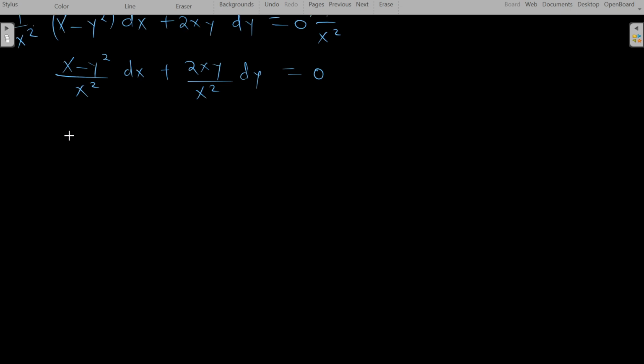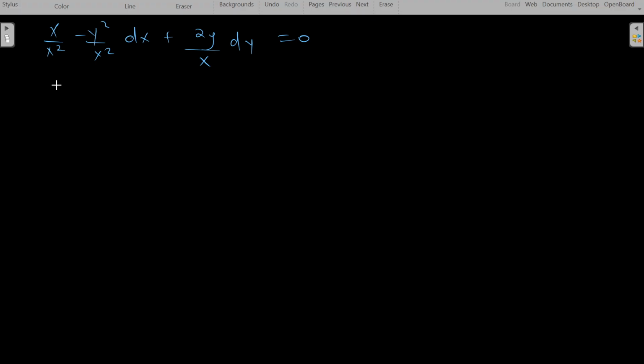Now let's separate these. It's x divided by x squared minus y squared divided by x squared dx plus 2y upon x dy equals 0. Continuing, this is just 1 over x minus y squared upon x squared dx plus 2y over x dy equals 0. Now this differential equation has become exact.